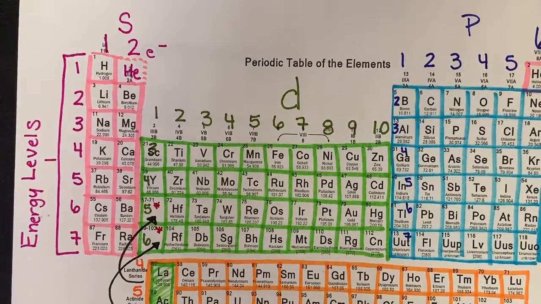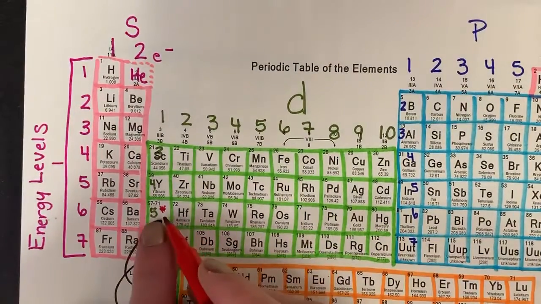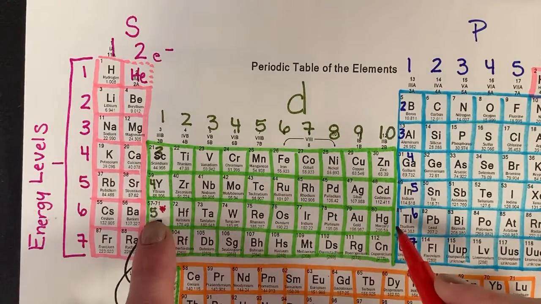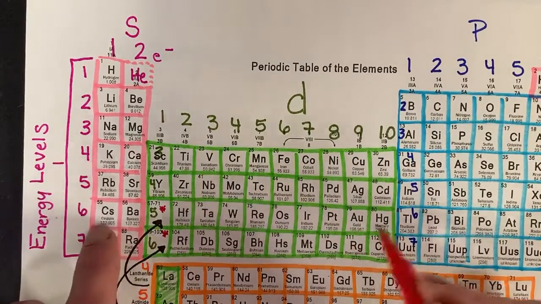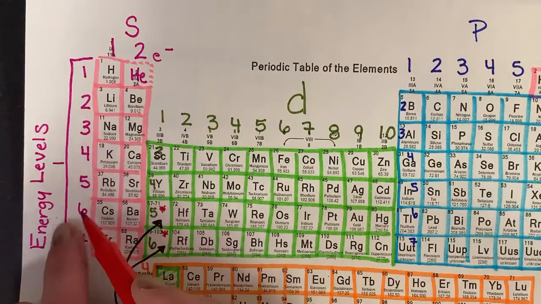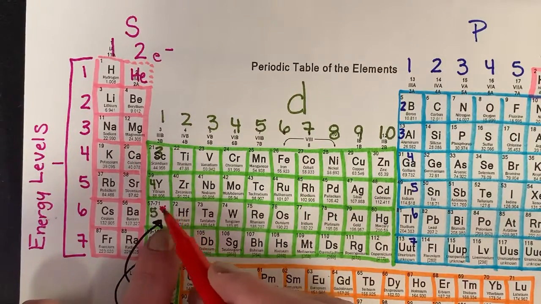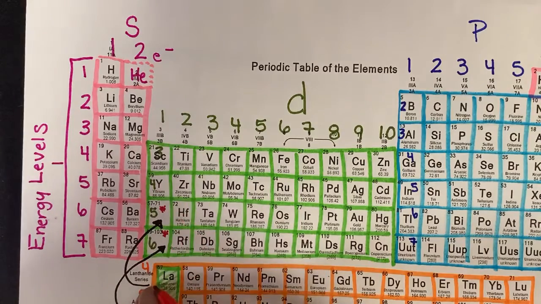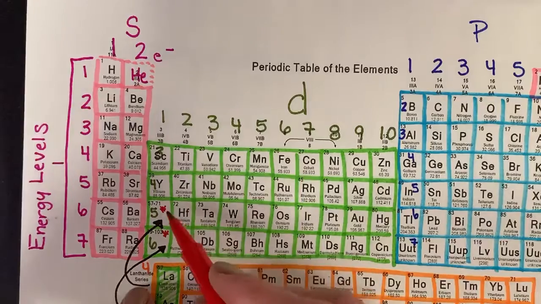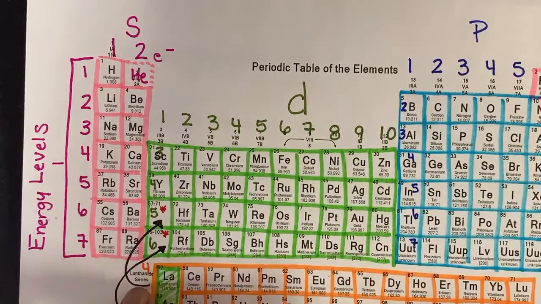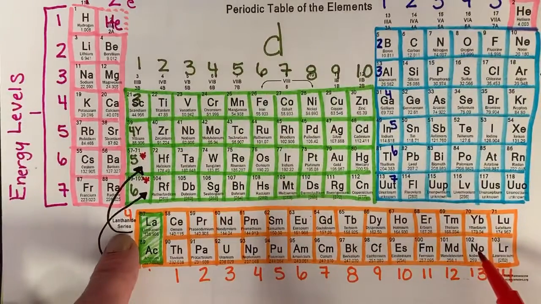And when they fill up, it's before the d orbital. So if I was here, I would do 6s2. I hit this open spot. So then it would be 4f14.